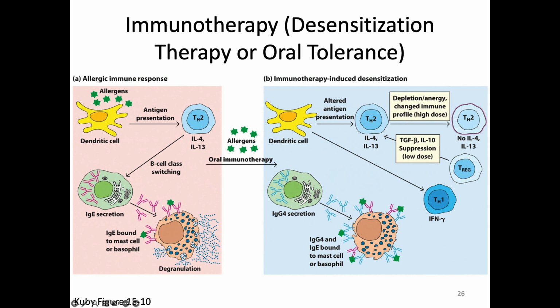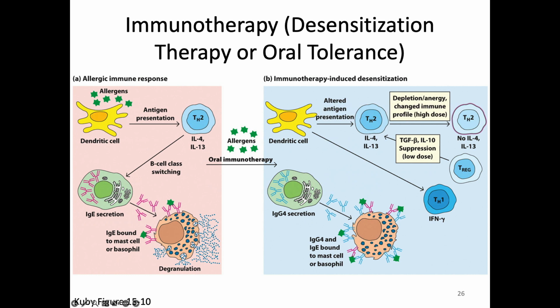And specifically, I told you that encountering some kind of antigens through the GI tract tends to push you in a more tolerogenic environment. And so there is this idea that if we start to feed people some of their allergens, you have oral immunotherapy, then you may actually start to lead to more regulatory T cells and actually may reduce the response. And so this idea of oral tolerance therapy is something that people have thought about for sort of reducing some allergy symptoms.